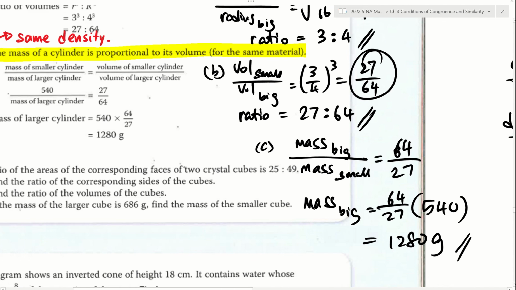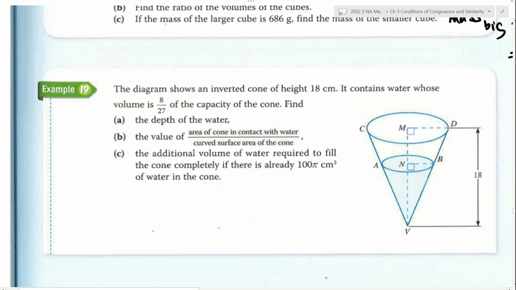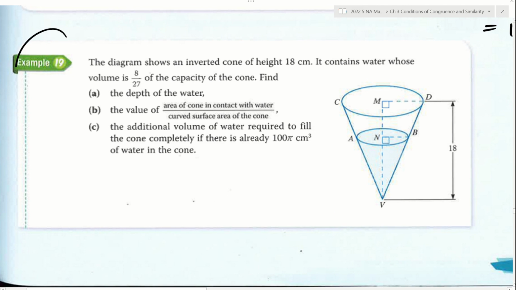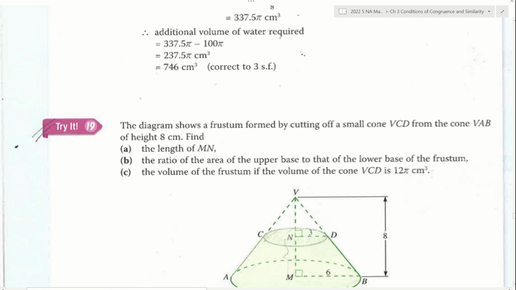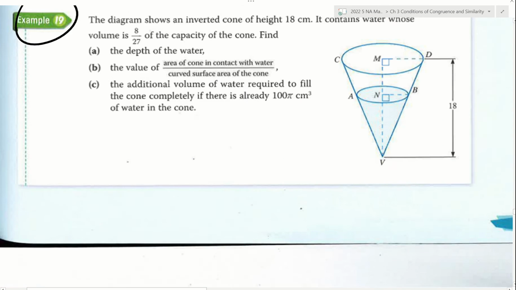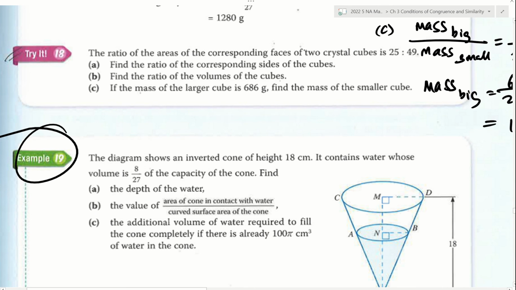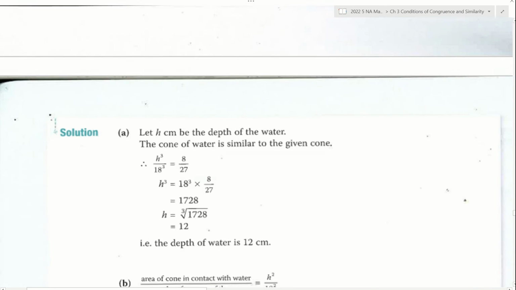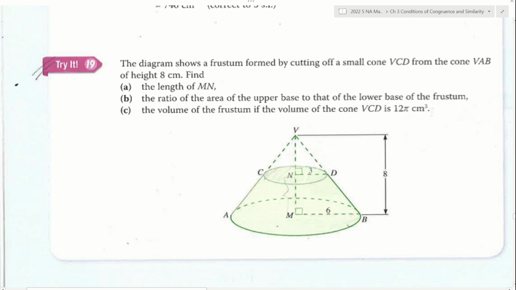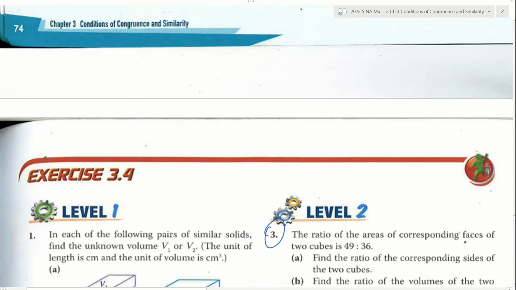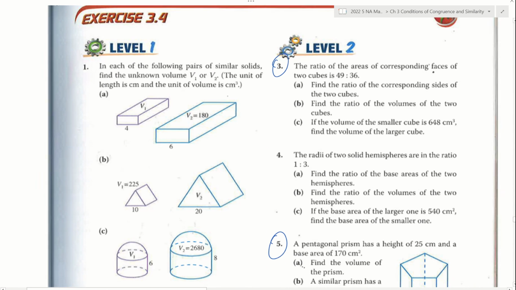Okay. After this, you finish 19 already. Those who haven't done, do exercise example 19 now. I think we still try 18. Yeah, try 18, do it now. If you have already done that, that means you're asking for homework question. Homework question is this.